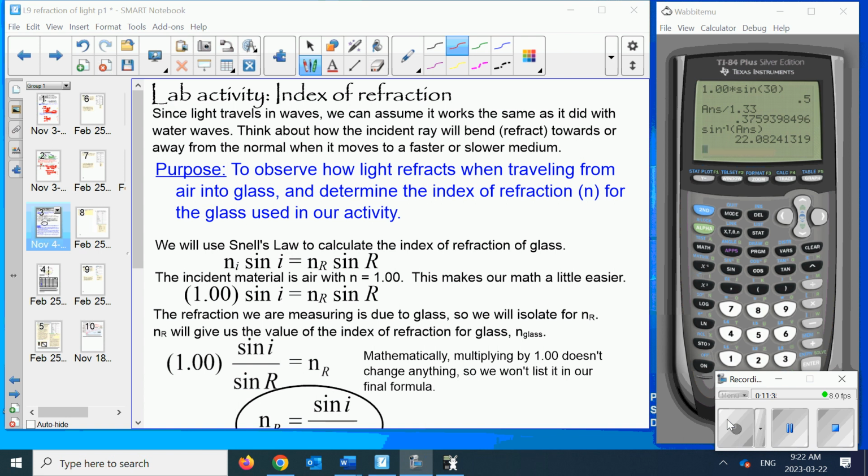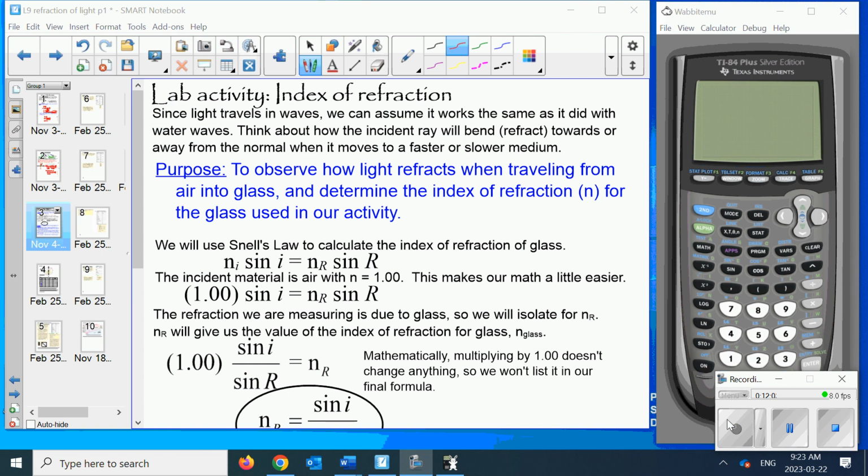Since light travels in waves, we can assume it works the same way as it did with water waves, and we've seen this already. Think about how the incident ray will bend, or refract is the best word, towards or away from the normal when it moves to a faster or slower medium. We use the word medium to mean substance, like air, water, glass.